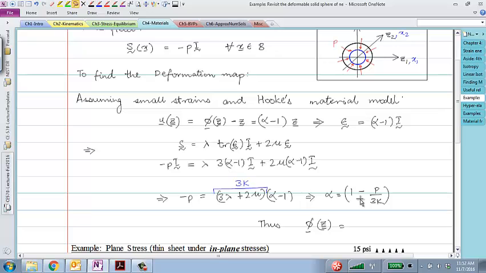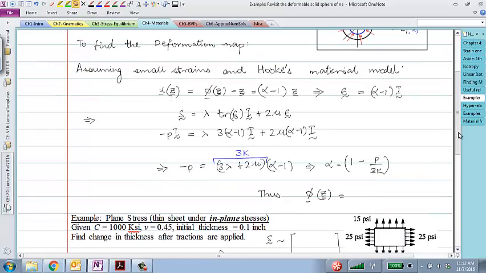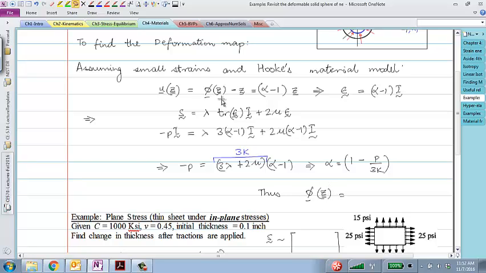That would be the amount by which the radius of that sphere would shrink. And therefore, the map also can be written just as alpha times z, which would be basically the same factor, 1 minus p over 3K.